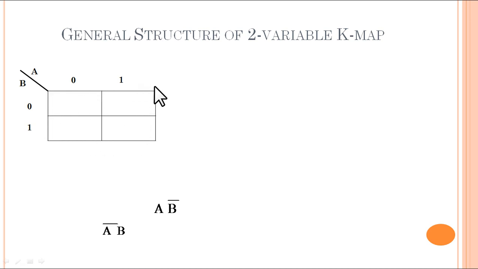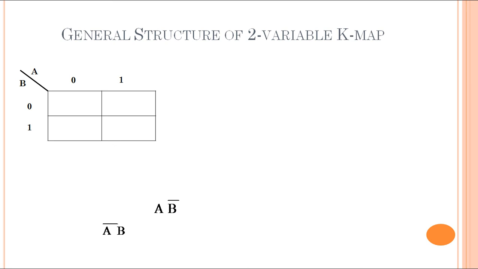We'll draw the rectangle first and divide it into 4 squares. Then the first A value will represent either 0 or 1 because A is a binary variable. A binary variable can take 0 or 1 as its value. Similarly, B is a binary variable which can take 0 and 1 as its value.